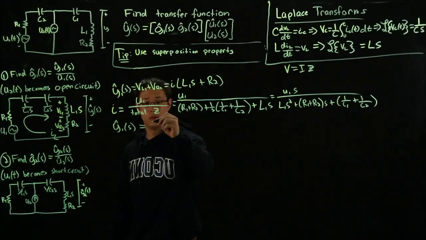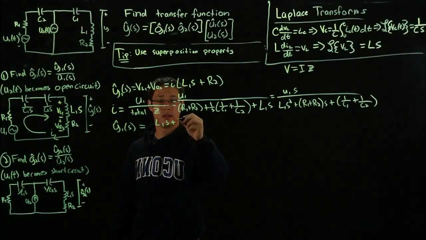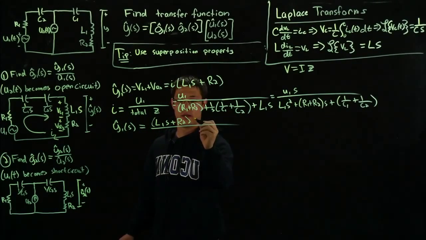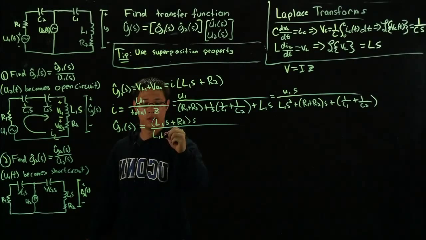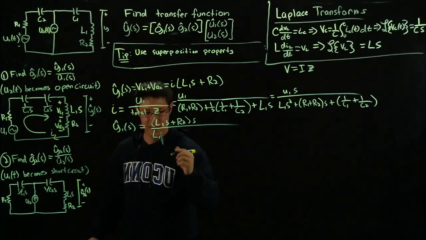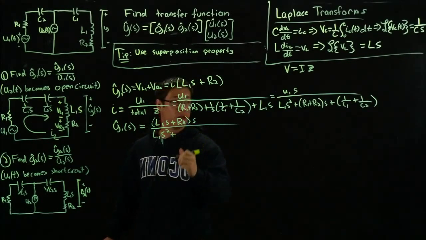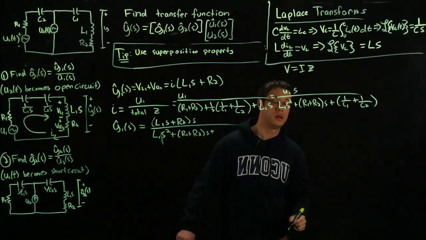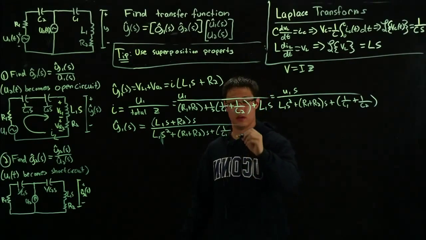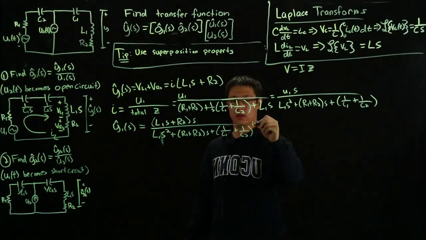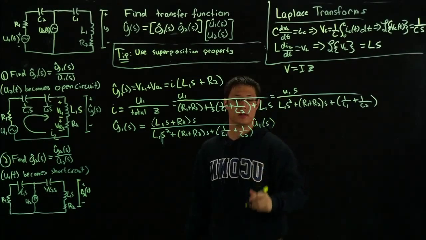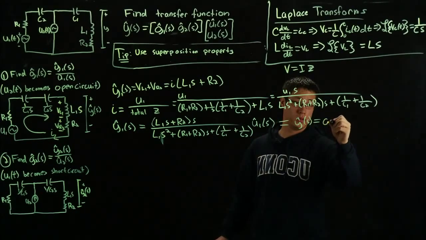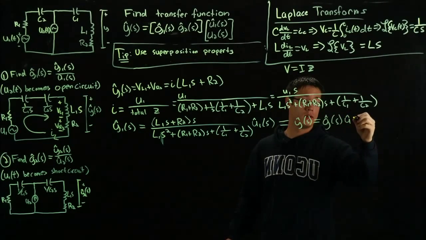Writing that out, we get (L1 s plus R2) over (L1 s squared plus (R1 plus R2) s plus (1 over C1 plus 1 over C2)) times U1 of s, which is equal to Y hat of s, which is equal to G hat of s U hat of s, right?